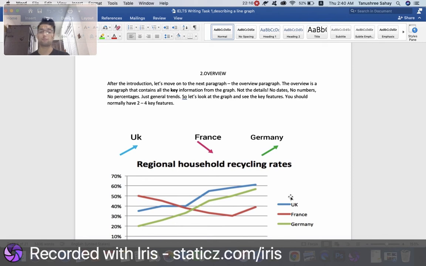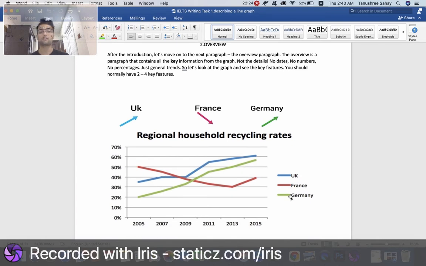So maybe a pie chart or bar chart or line graph. Then in your overview, do not write the details, no dates, no numbers, no percentages, but only the key information, just general trends. So let's look at the graph and see the key features.